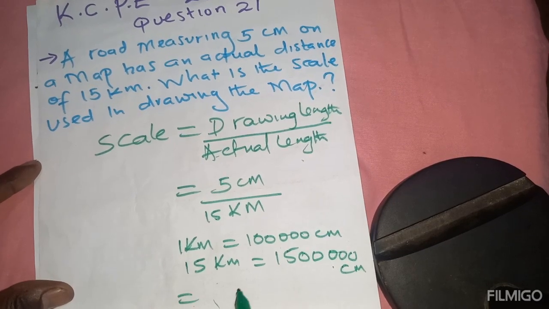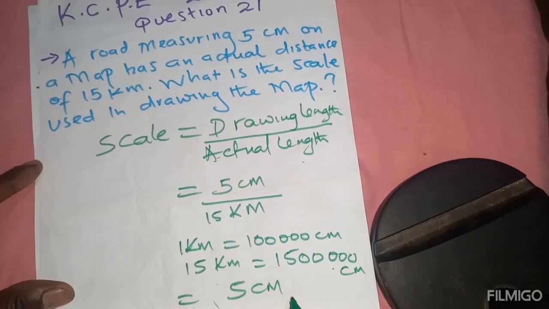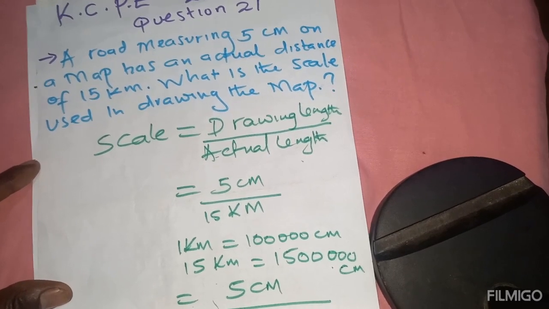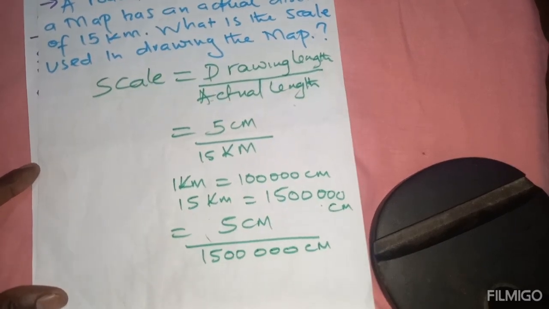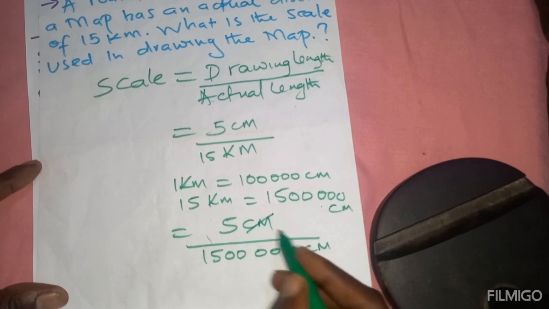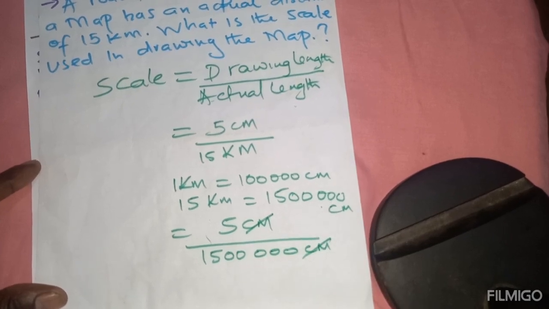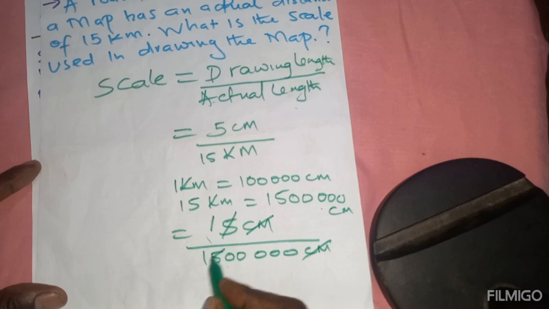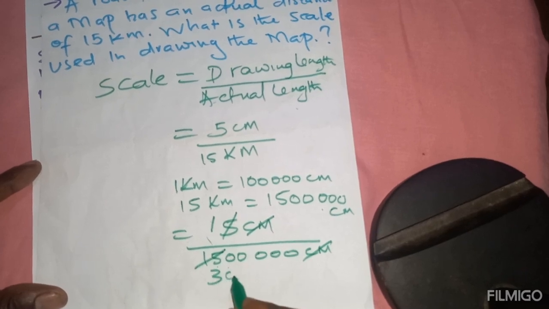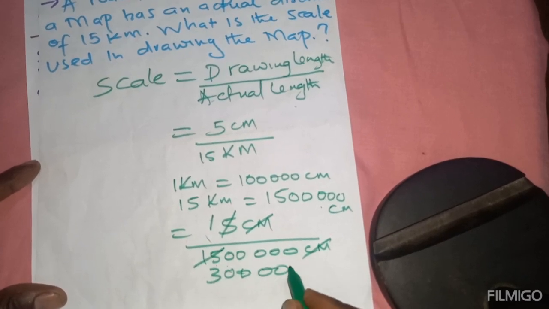So we say 5 centimeters divided by 1.5 million centimeters. The centimeters cancel, and you remain with 5 over 1.5 million. Dividing by 5, you have 1 over 300,000.